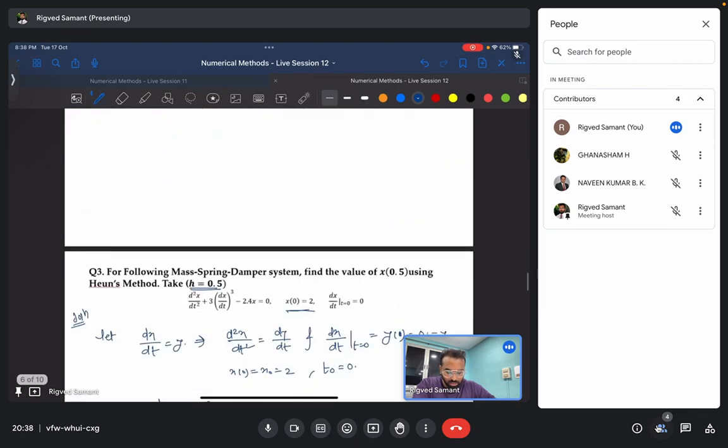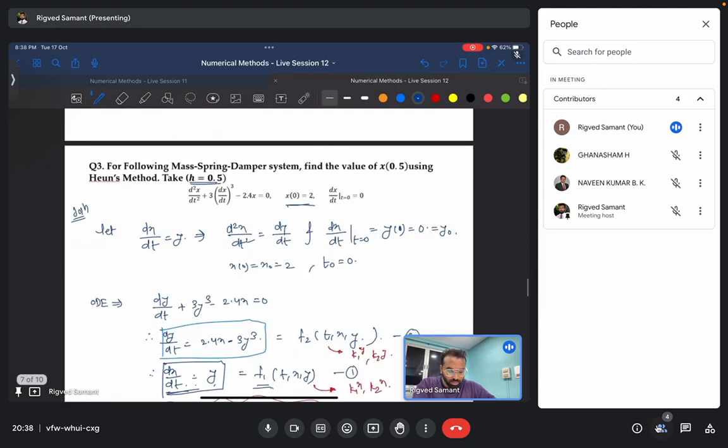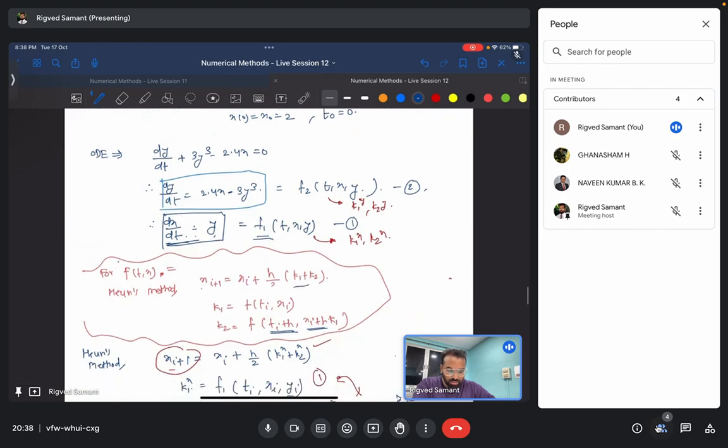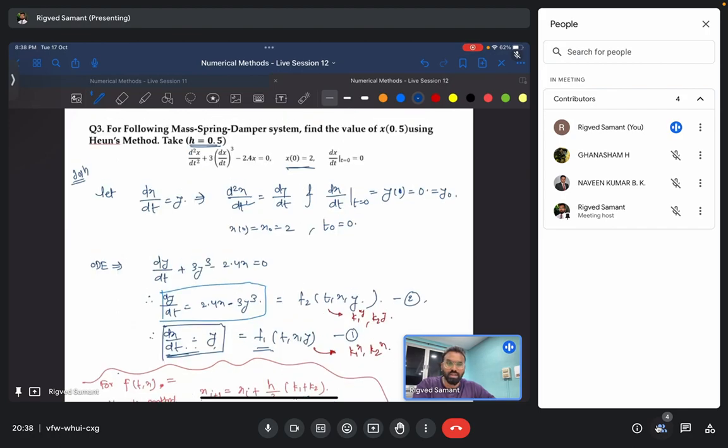Similarly for Heun's method, we have to take care of the K1, K2 business. Now this idea can also be extended to the RK4 method. That we have not discussed in the class, and it is also not there in your tutorial, that's why I have not discussed it. But keep in mind that this can also be extended to the RK4 method.